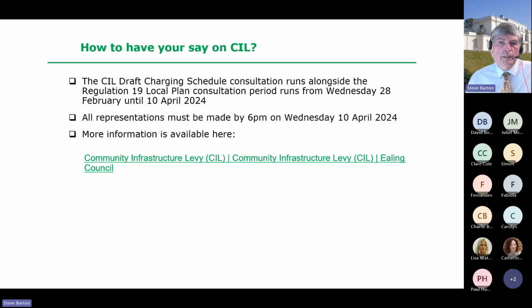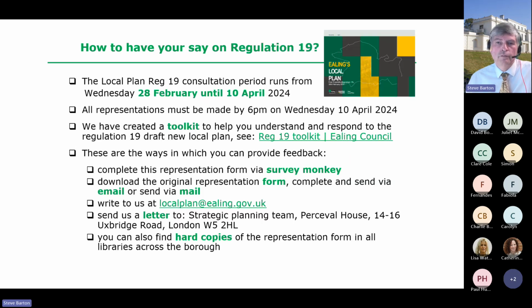So if you want to get involved on the CIL consultation, go to our local plan landing page, and you'll find helpful links to information about CIL, including the supporting evidence-based documents, which include the infrastructure delivery plan and delivery schedule, and local plan and CIL viability assessment. If you want to get involved on CIL or the local plan, the deadline, remember, is 6 p.m. on the 10th of April.